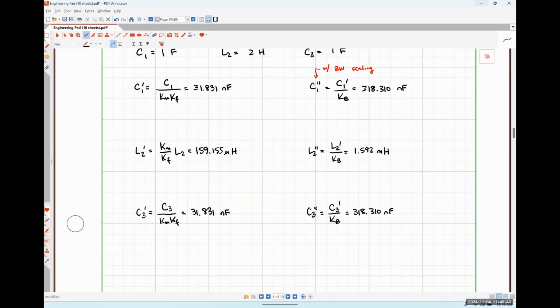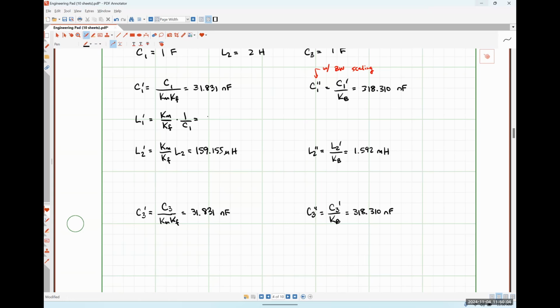Now let's do the other elements, okay? So L1 prime, so this is an inductance. We've scaled all of our inductances by doing KM over KF, and now we're going to multiply by 1 over C1.